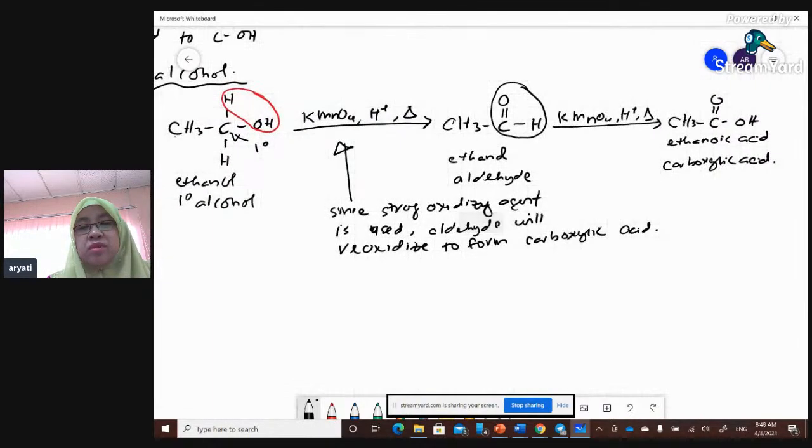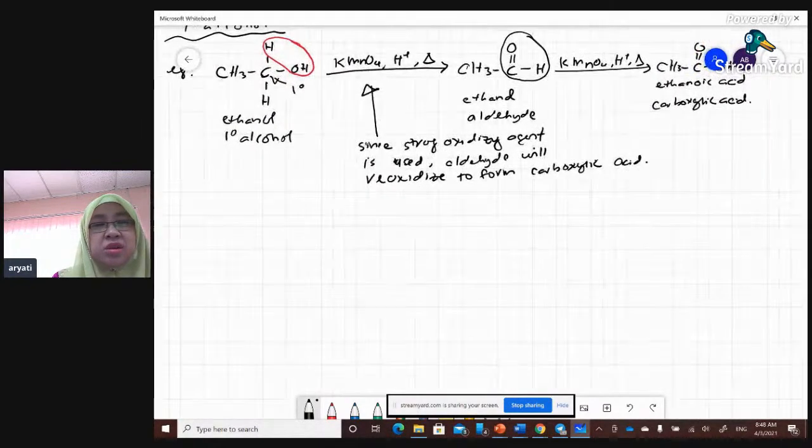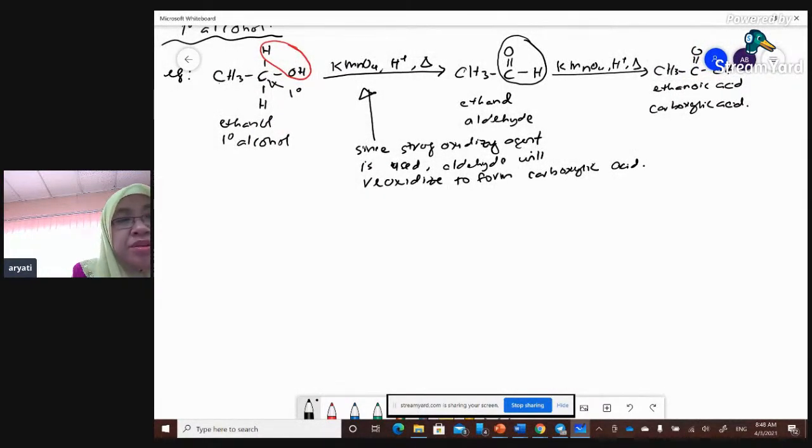Okay, so this is for primary alcohol. So we use the same example, which is ethanol.